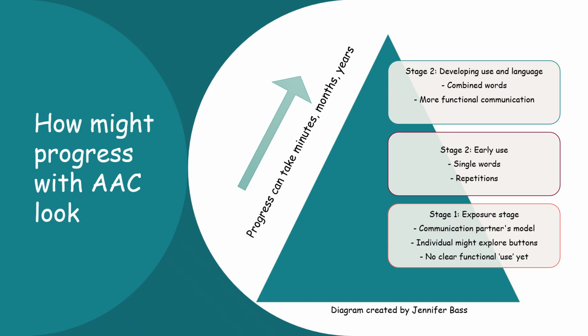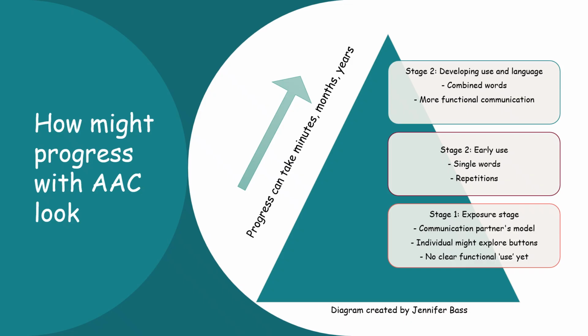So it can be tempting to think here that repetition or that constant pointing to buttons isn't meaningful, but it is often an important step in learning how the system works. And then later they might move into stage 3, which is where children may begin to combine words together and use AAC for a wider range of communication purposes. So their communication becomes more flexible, more functional, and allows them to express more complex ideas, thoughts, and feelings.